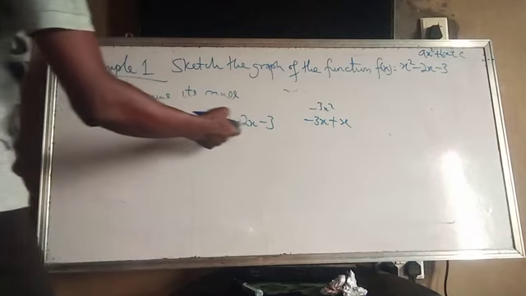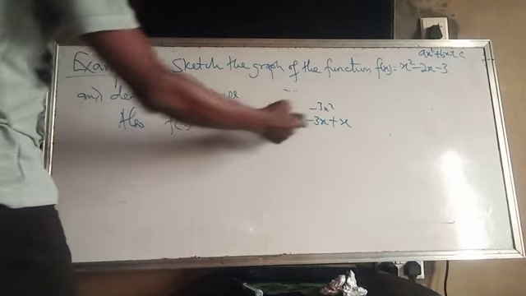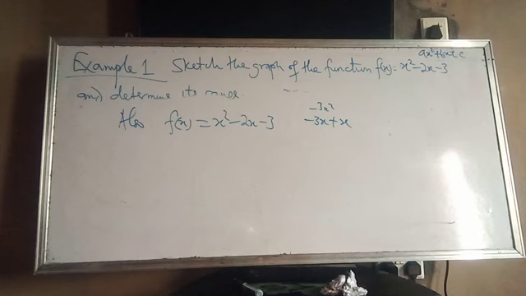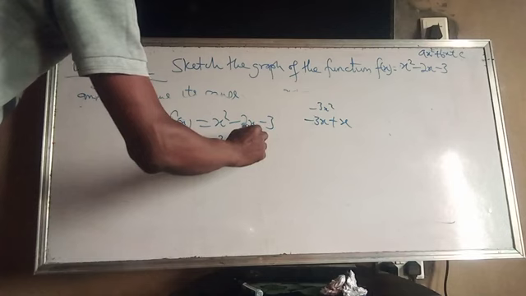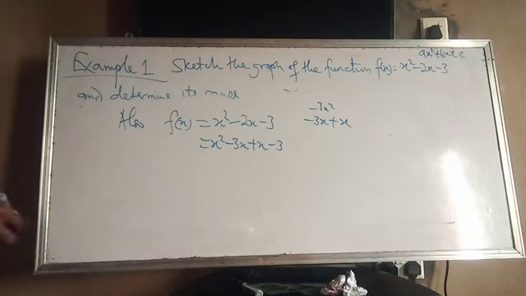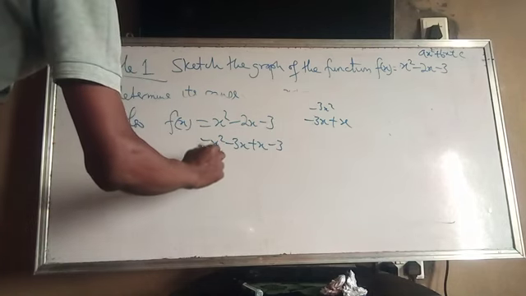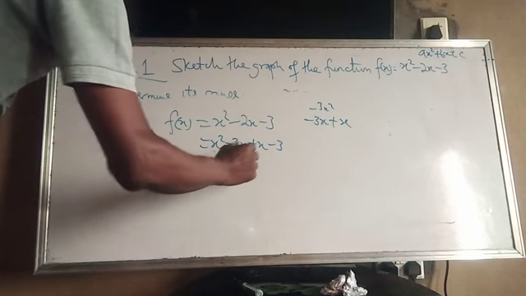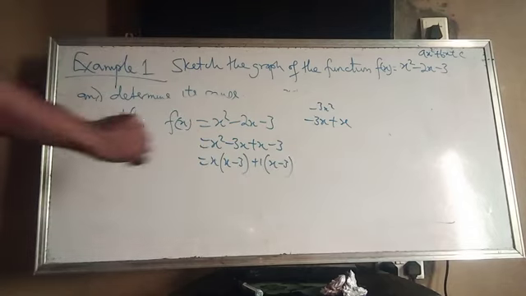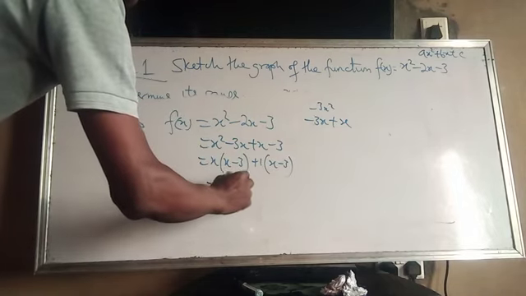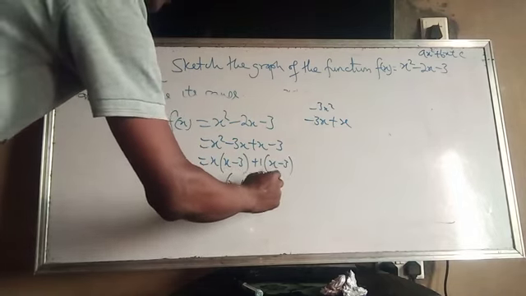So we can replace minus 2x by minus 3x plus x, so that we have x squared minus 3x plus x, then minus 3. So now I have x into x minus 3 plus 1 into x minus 3, which will give us x plus 1, x minus 3.